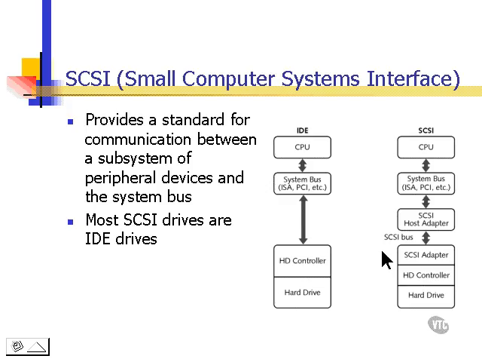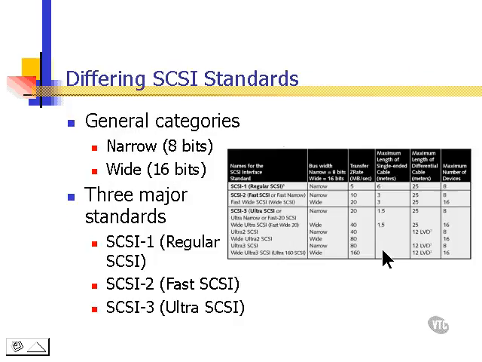So when we're transferring data, a SCSI system is a much better way to transfer data, a much faster way to transfer data. There are many different variations of SCSI that have evolved over the years.